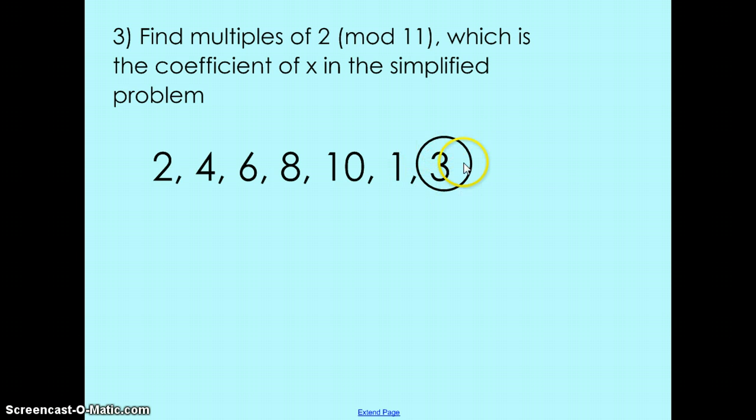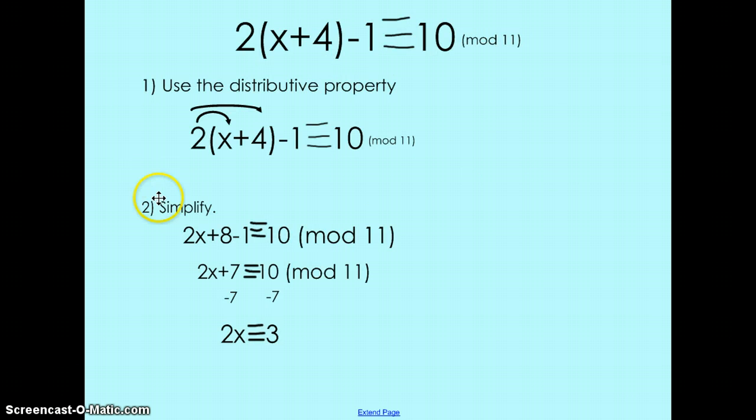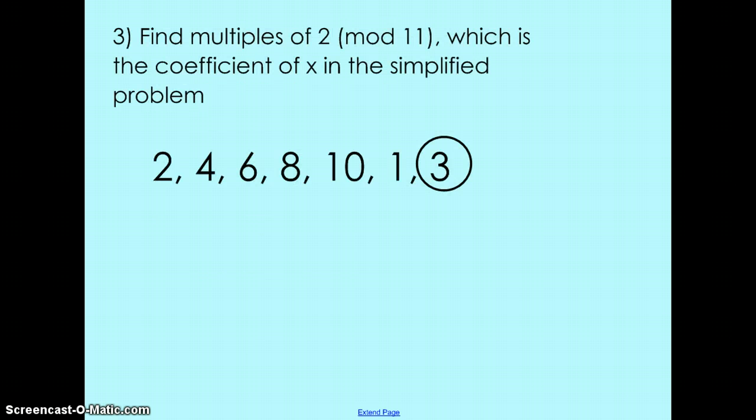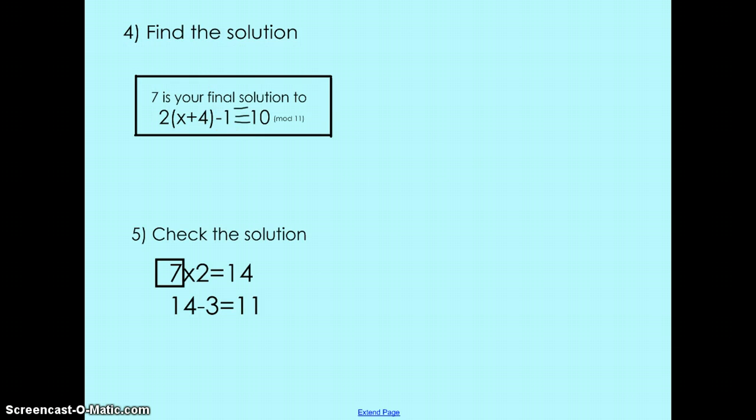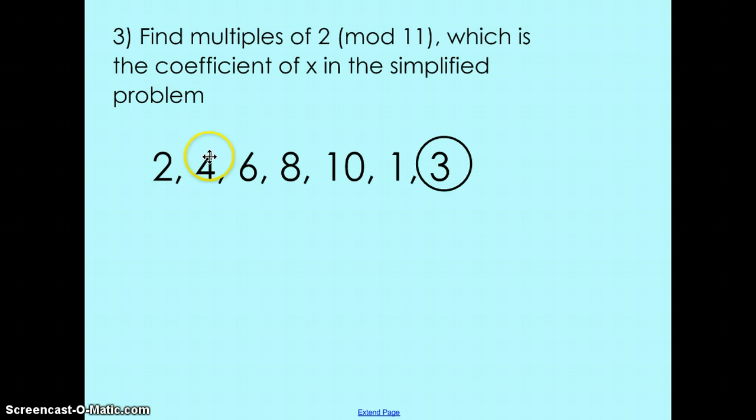Our goal is to get to 3, which is what we want to be congruent to. So the solution is 7, because 3 is the 7th multiple: 1, 2, 3, 4, 5, 6, 7th multiple of 2 mod 11.